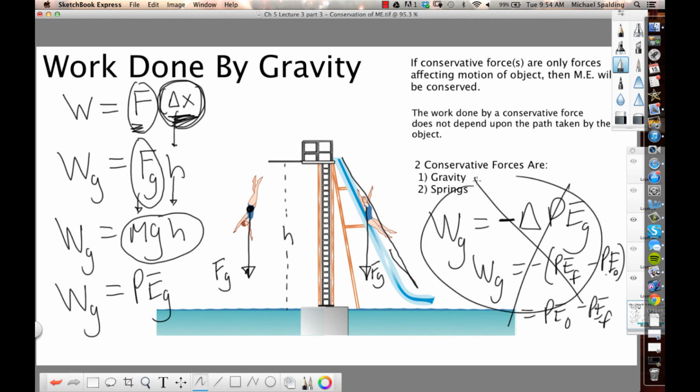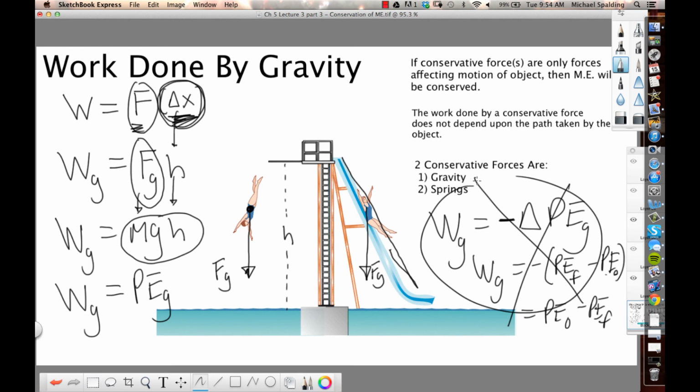To figure out whether the work of gravity is plus or minus, all you have to do is know the sign convention for work. The sign convention for work is real easy. If the work is being done in the direction of motion, that's plus. If the work is being done opposite the motion, that's minus.